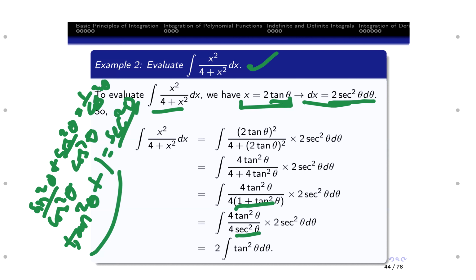Okay. So you have 4 tan squared theta up here, and then 1 plus tan squared theta, this becomes sec squared theta. And then that is multiplied by 2 sec squared theta. Interestingly, it's looking good that you can now cross that out.